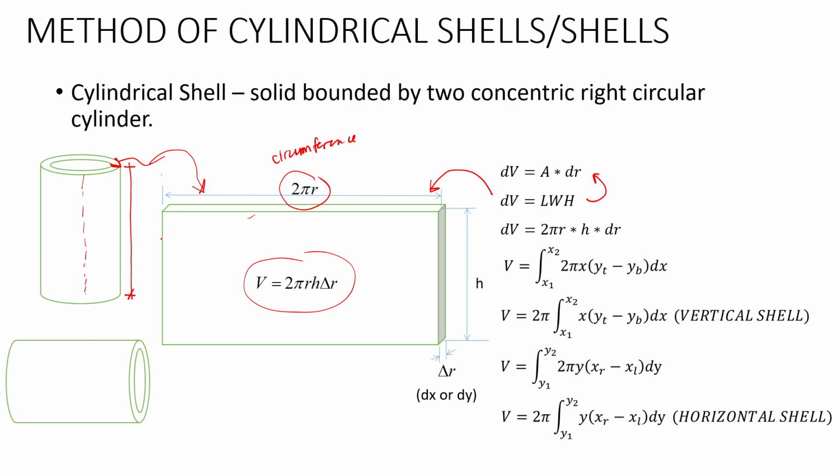Length times width, so the width is the height. And then the height of the rectangle is the differential radius. So this is the differential radius. If you don't want the derivation, just memorize these formulas.